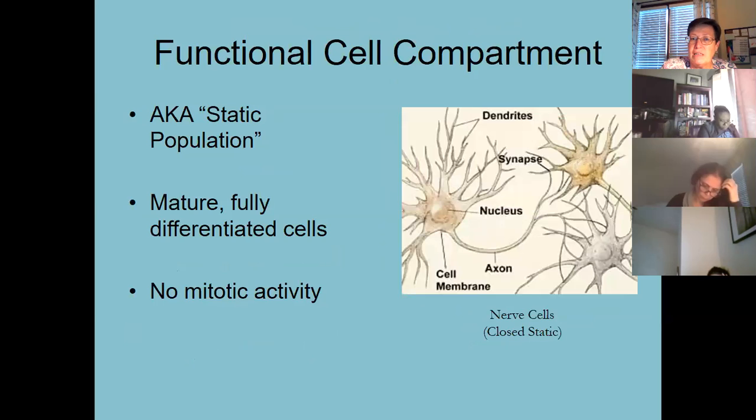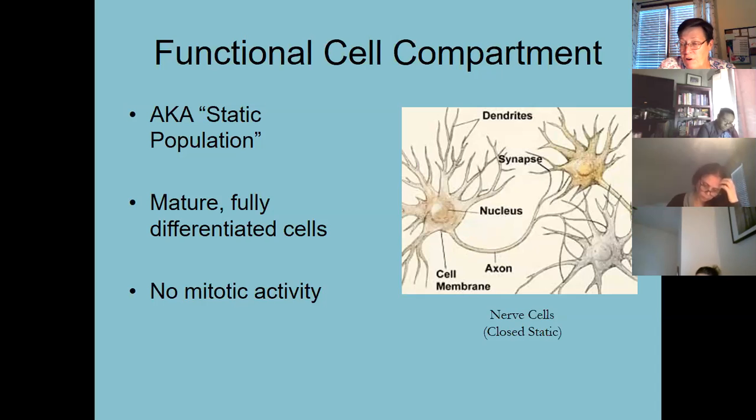And last but not least, we have the functional cell compartment. The functional cell compartment are the cells that are doing the work. These cells are fully mature, so they are fully differentiated. They are very complex.